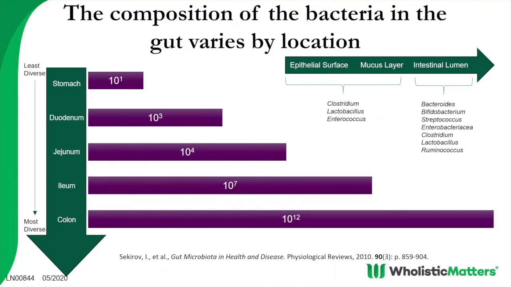Furthermore, looking at the layers of the GI, you have the intestinal lumen, and the intestinal lumen is what you would call that external environment within the GI. So this is where all that fluid is moving through and food goes through, where all the external components come through.